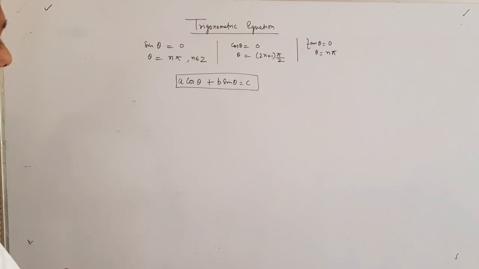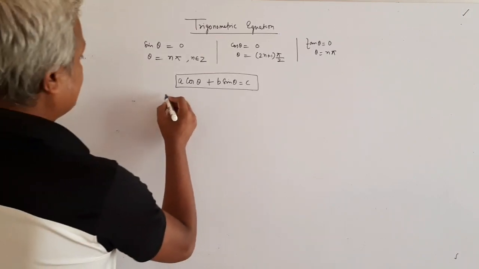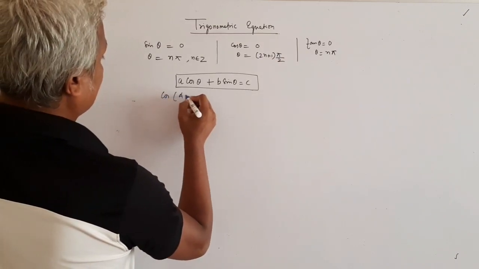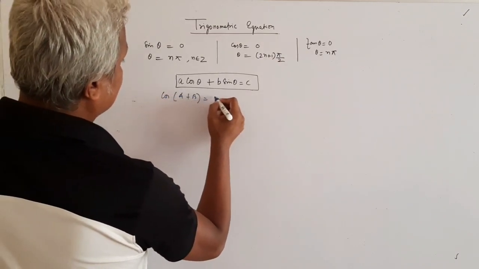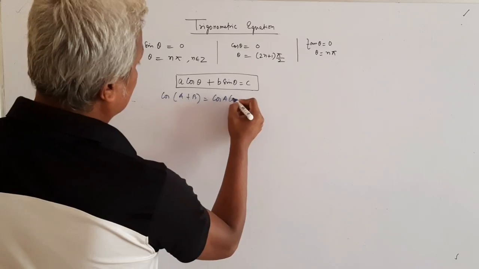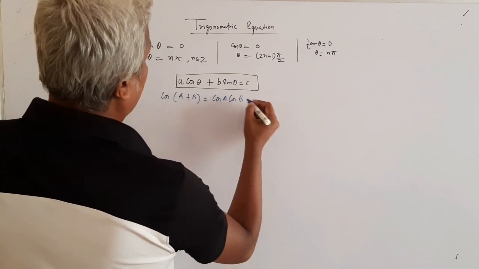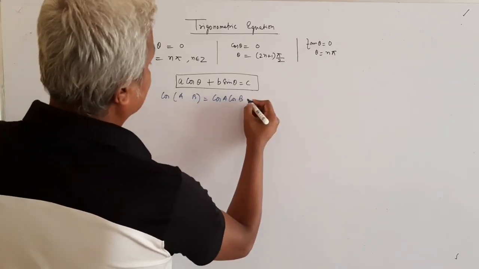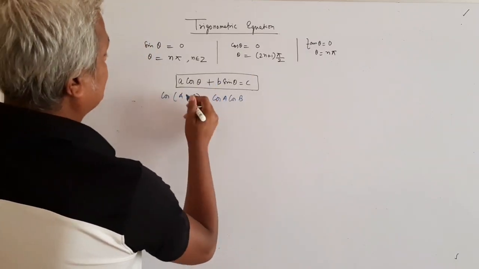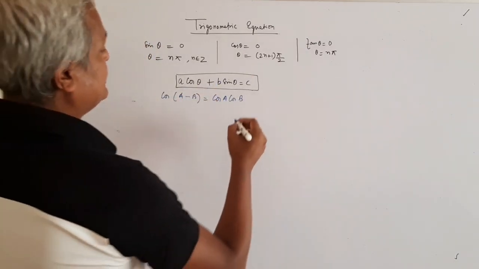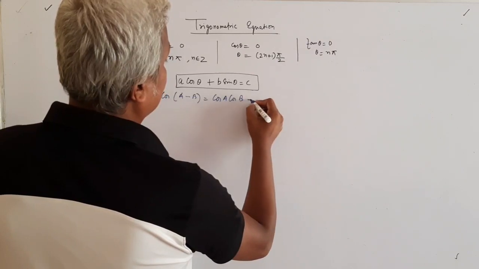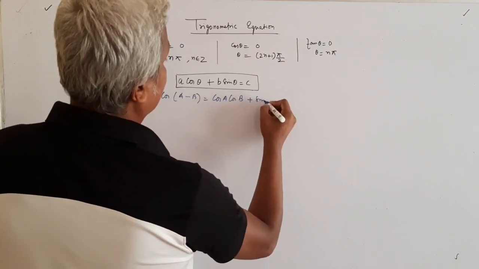The easier way is that first we need to convert, because we know the formula that cos of A plus B is cos A cos B minus sin A sin B, but here we have plus, so I'll go for cos of A minus B, which is cos A cos B plus sin A sin B.